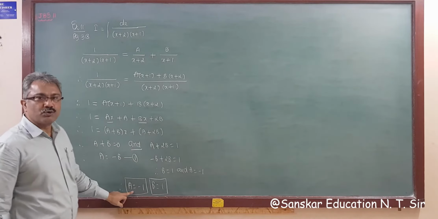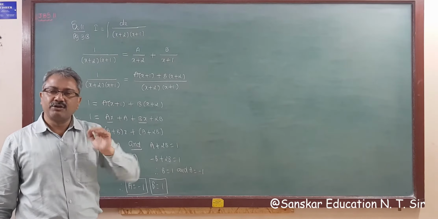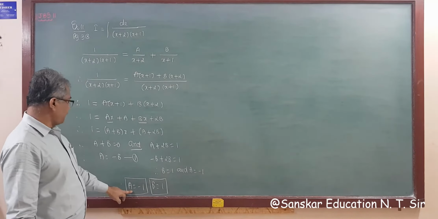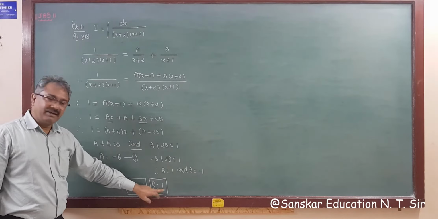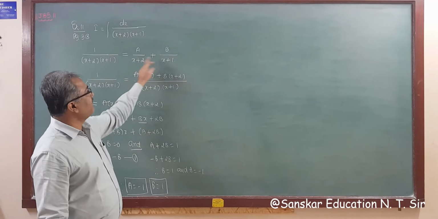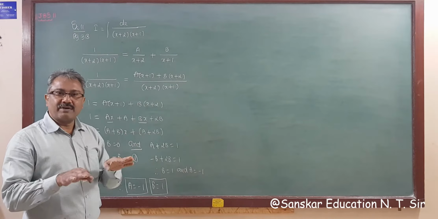So the value of this coefficient depends on which factor you write in the denominator. If I write a upon x plus 1, then my answer for a is 1 and my answer for b is minus 1. So it depends in which order you are taking the denominator, so don't worry about that.